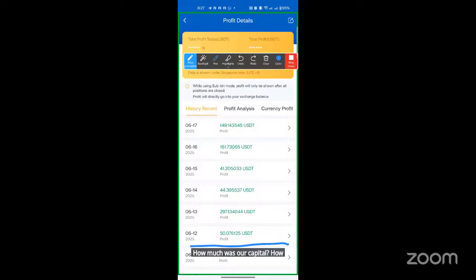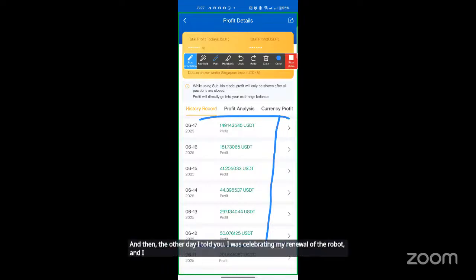How much was our capital? $100. Is it increasing? And then the other day I told you I was celebrating my renewal of the robot and I took everything. Then I started off again on 14th. Am I growing my money?